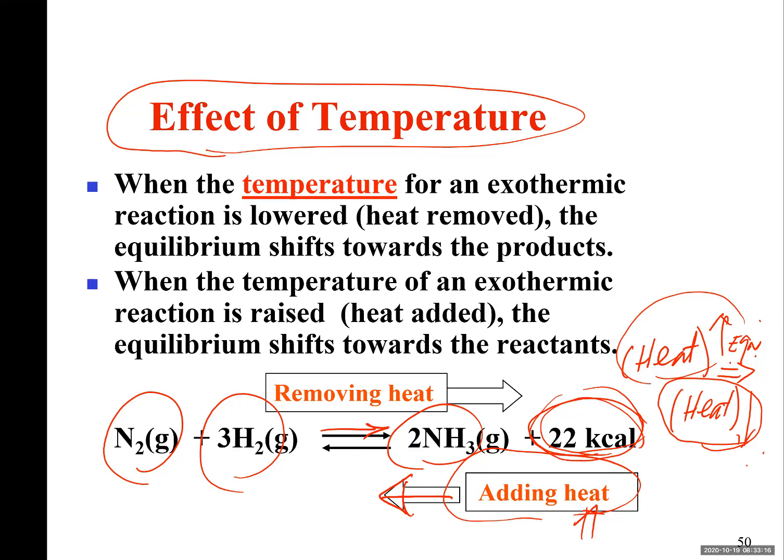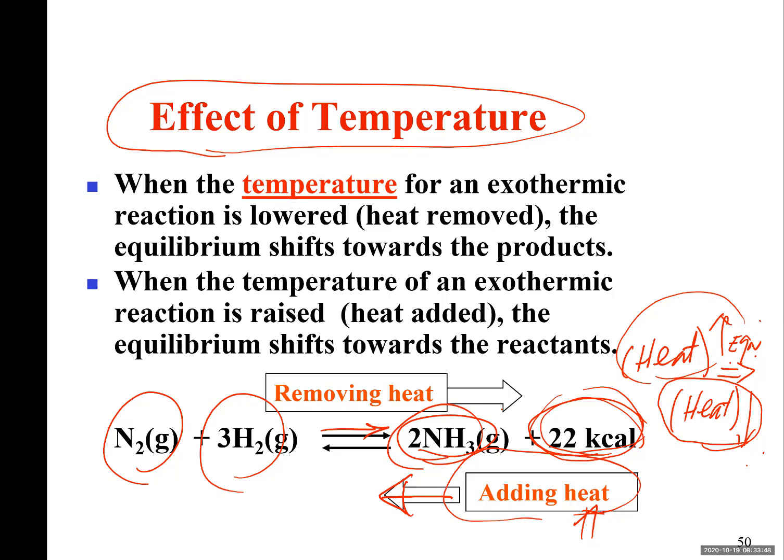If the reaction goes from right to left, it's consuming heat. So do you see in an exothermic reaction, if we lower the temperature, we'll make more. Equilibrium is going to shift to right. We make more product and less reactant.